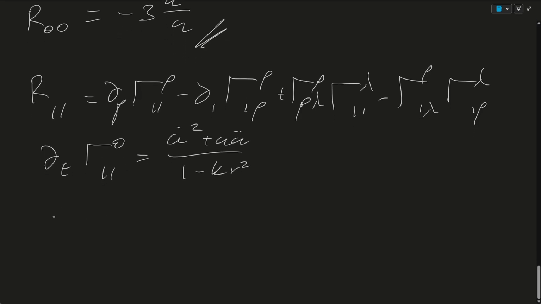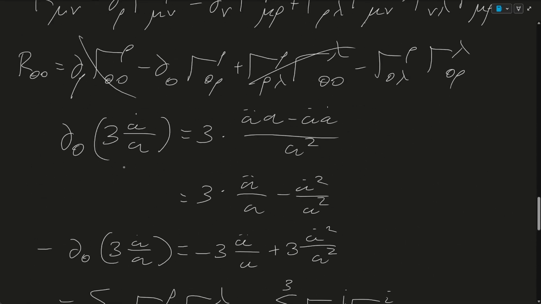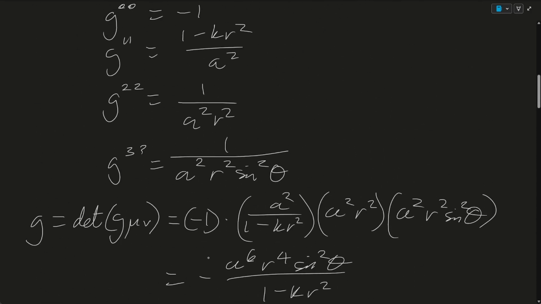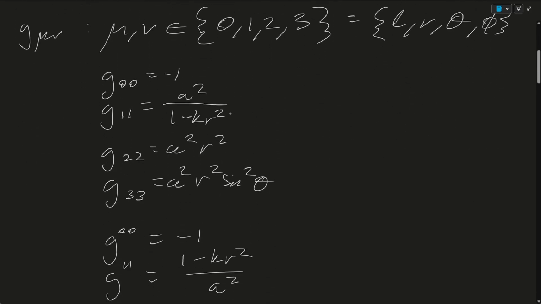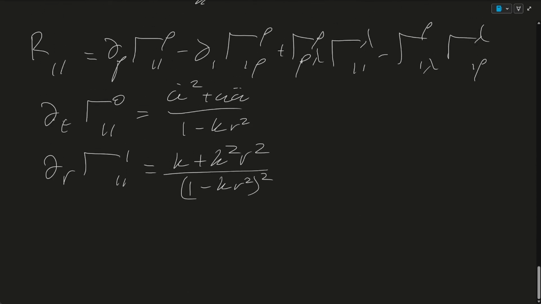And then r of 1, 1, 1 is going to be k plus k squared r squared over 1 minus kr squared, and we get that from deriving that, and also that. Hope that explains. Then term 2.